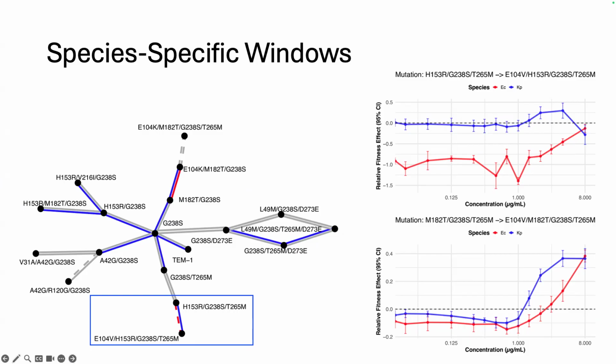And if you remember D273E from the previous diagram, H153R and M1A2T substitutions are that same way. They don't do things alone, but maybe they're offsetting the destabilizing effect of G238S in somewhat different ways.